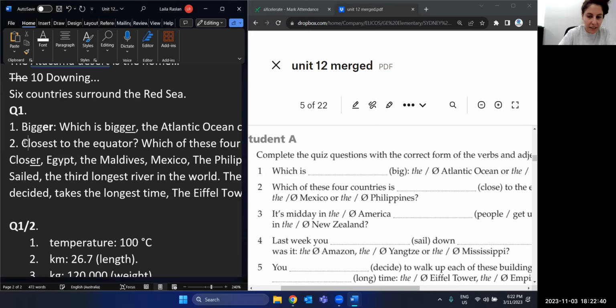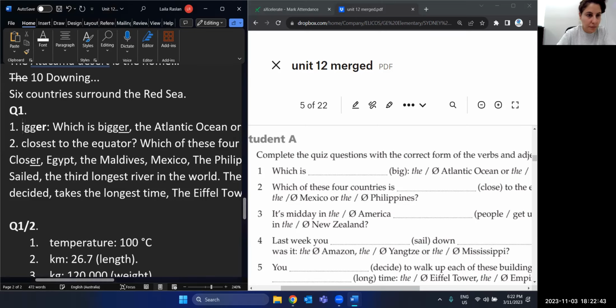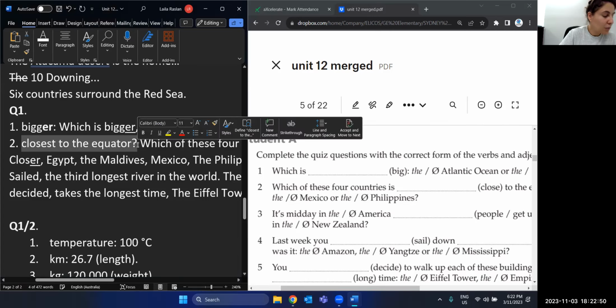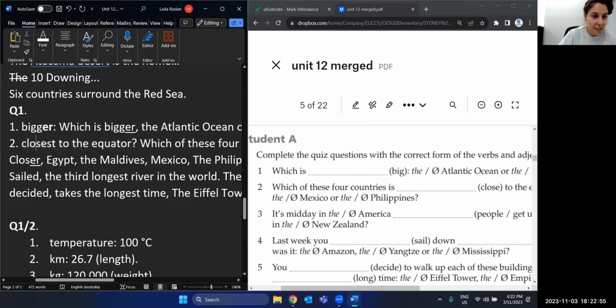So the question was, which of these 4 countries is closest to the equator? Because we're comparing, and when we compare more than two nouns, we need to use the EST. So the closest. So we don't say the Egypt, it's just Egypt.